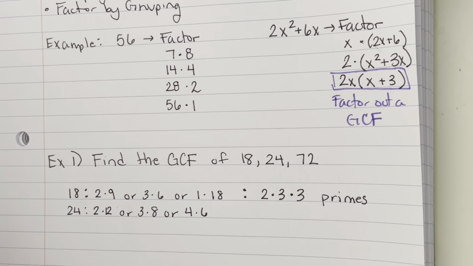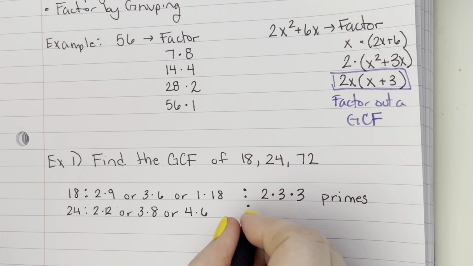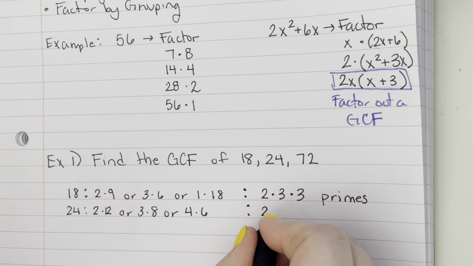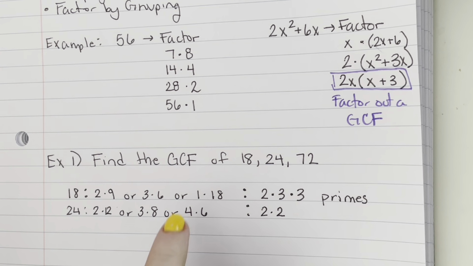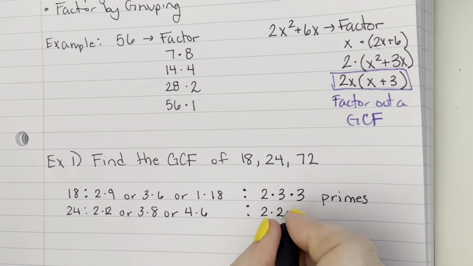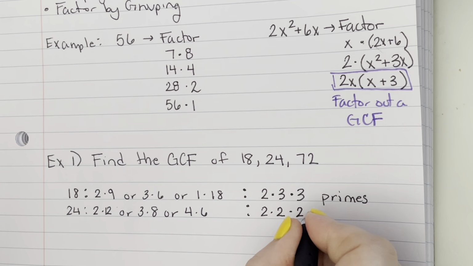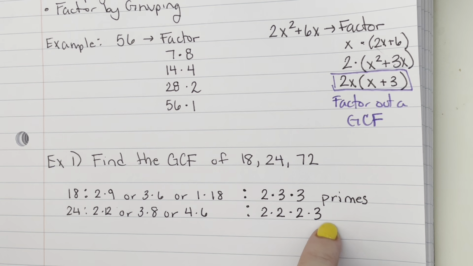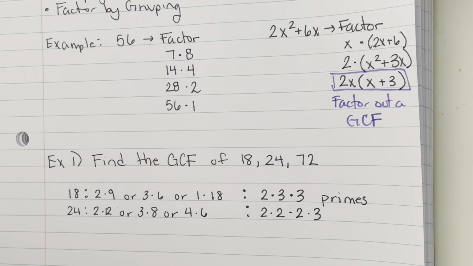It could also be 1 times 24, but 1 isn't going to be a greatest common factor, so we don't normally consider that pair. If you think of this as its prime factors, we can break down 4 to be 2 times 2, and we can break down 6 to be 2 times 3. These are the prime factors of 24. These are the smallest numbers that can be multiplied together to produce 24.